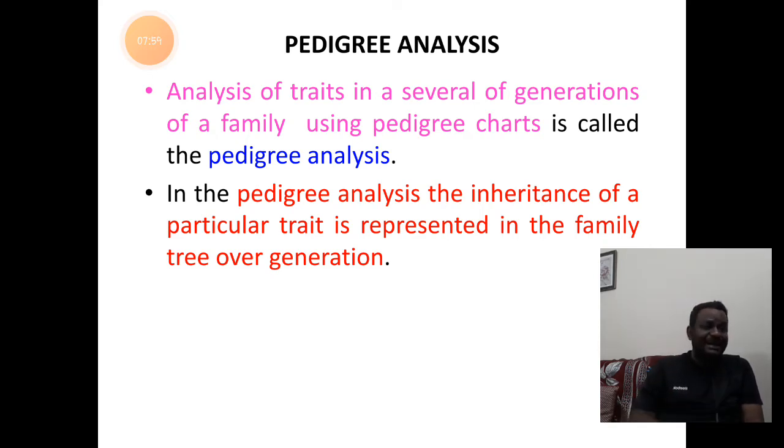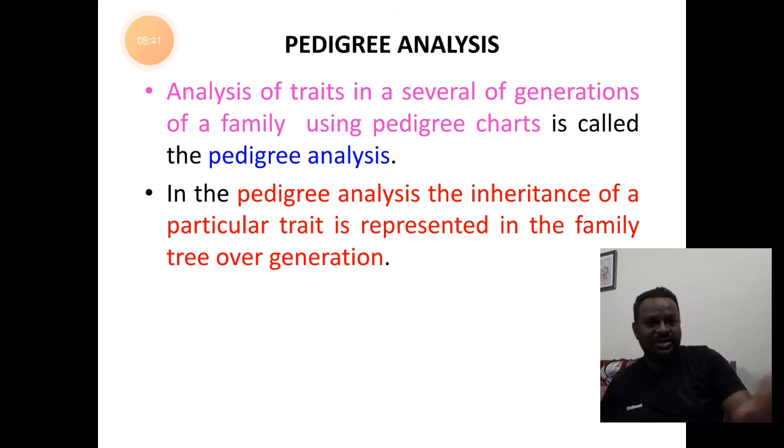And this pedigree analysis has a definite observation of a particular trait present in a particular family over the period of generations, which is done through the family tree.